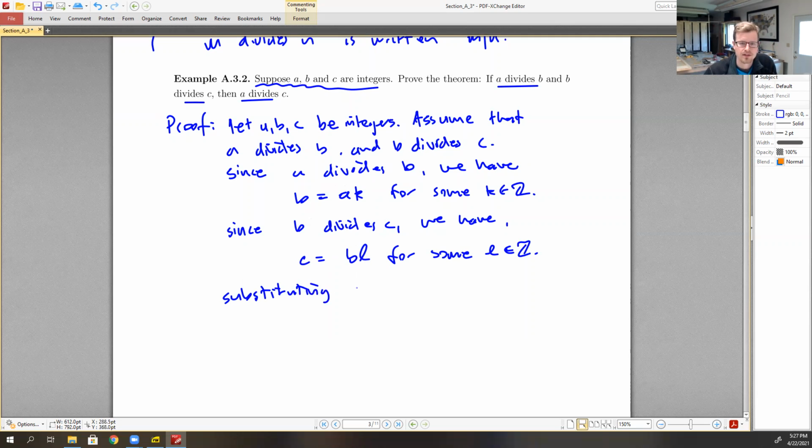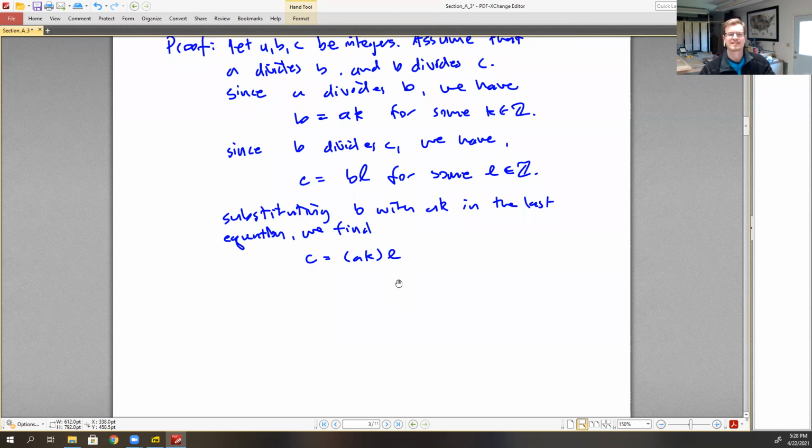So substituting B with A times K in the last equation, we find that, and I'm replacing B with AK because B is AK, C is equal to AK times L. So in order to emphasize that C is a multiple of A, we can recognize that that multiplication is associative.